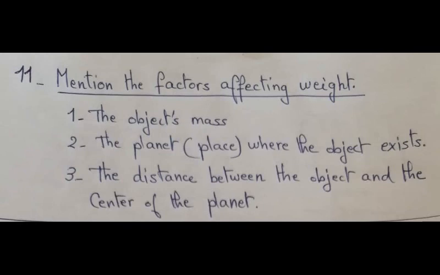Question number 11 mention the factors affecting weight. عايزنا هنا نذكر العوامل التي تؤثر على الوزن. هم 3 factors. 1 the object's mass. Number 2 the planet or the place where the object exists. Number 3 the distance between the object and the center of the planet.